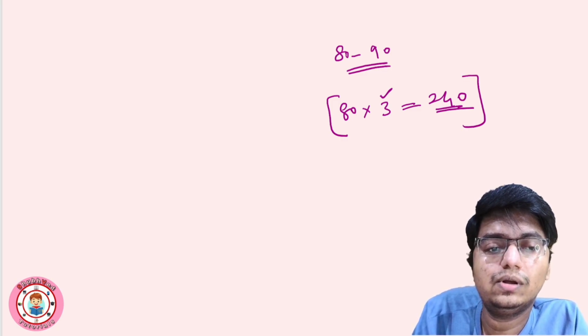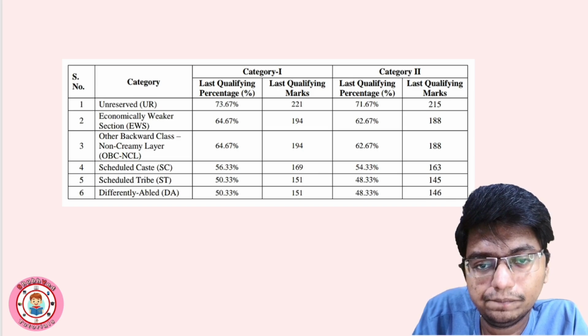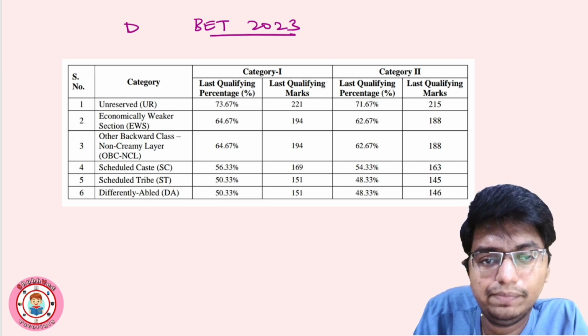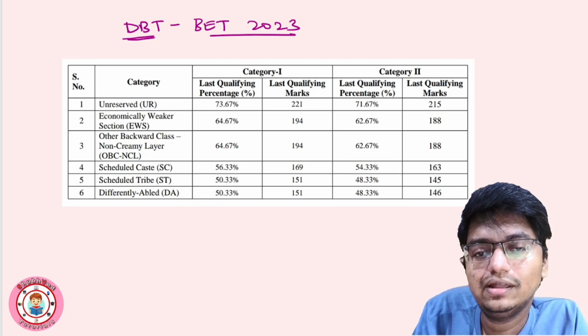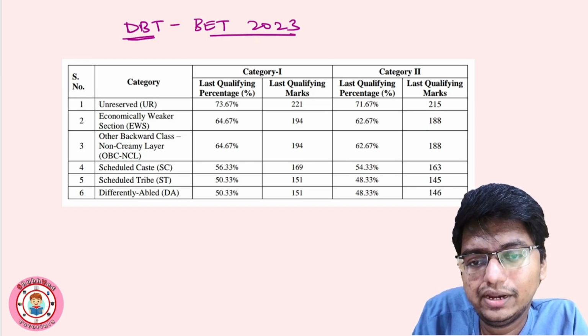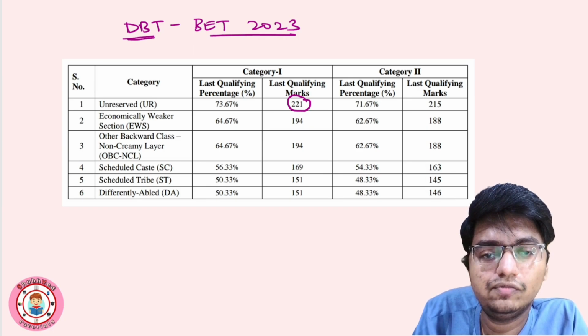So now I will show you the cutoff of that particular year. 2023 DBT JRF biotechnology eligibility test, right? You can see we solved 241 marks' worth, without negative marking if I tell you. And the last cutoff is 221 for the JRF. Category 1 is basically JRF.